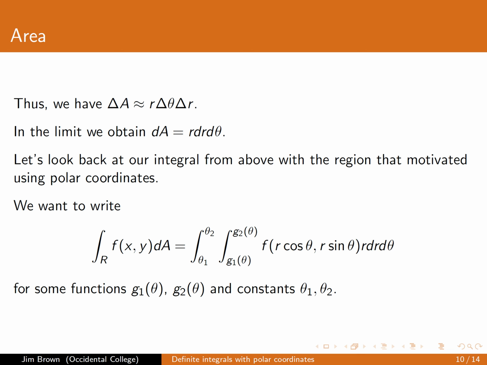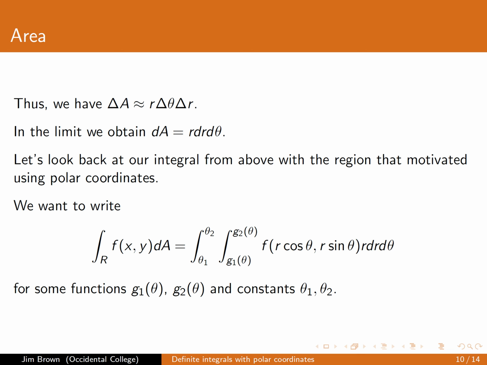Then we're replacing the x and the y so that our function is turned into a function with just polar coordinates in it. Since our first integrand here is r, our inner limits are r equals g1 of theta and r equals g2 of theta. Often these will just be constants, but it is possible for them to depend upon theta. The outer limits are just our values of theta, so these are just some numbers. We can't have functions on the outside because we need to end up with a number at the end.